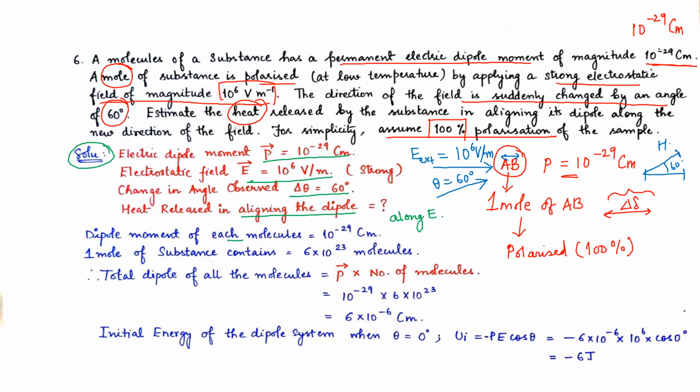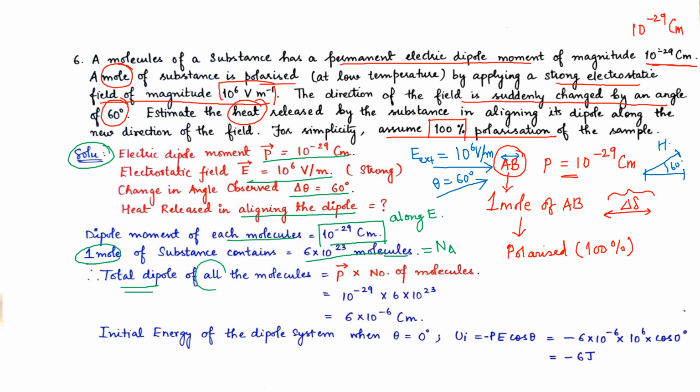The dipole moment of each molecule is 10 to the power minus 29 coulomb meter. In 1 mole of substance, we have 6 into 10 to the power 23 molecules, that is Avogadro's number.